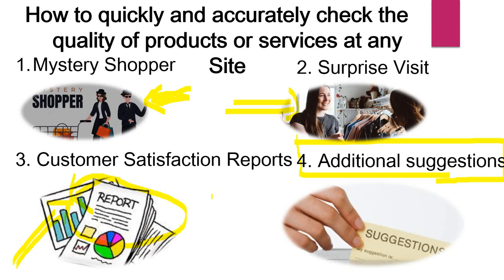So this is known as additional suggestions, or you can have a survey of those sites or users and customers about what they can suggest to improve the quality of service and product. This is how you can fix the problem accurately and quickly. So four steps you have to follow.